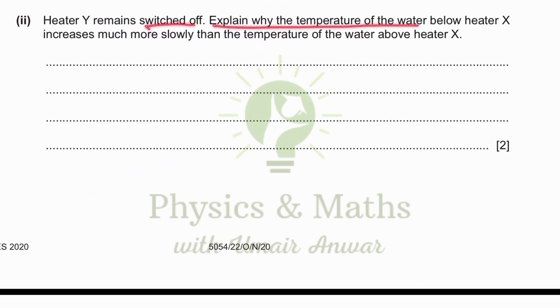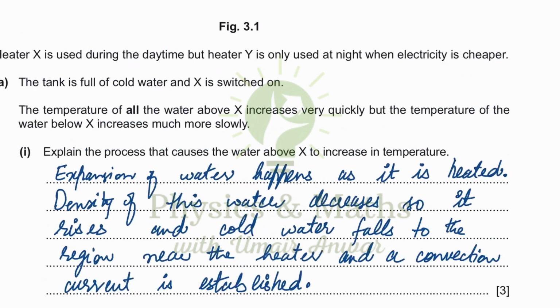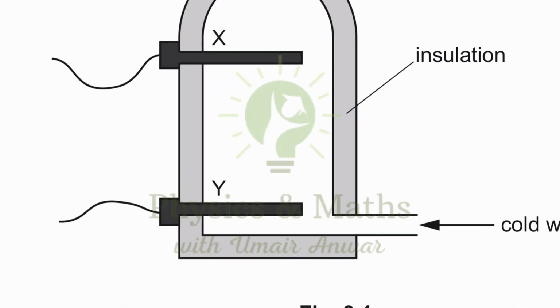Explain why the temperature of the water below heater X increases much more slowly than the temperature of the water above heater X. Now the water which is below this heater, their molecules would receive energy, and they could only pass this energy to their neighboring particles by a process called conduction.